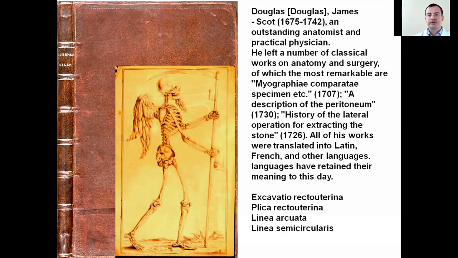James Douglas, an outstanding anatomist and practical physician, left a number of classical works on anatomy and surgery, of which the most remarkable are a myographia comparata specimen, a description of the peritoneum, and a history of the lateral operation of extracting the stone.